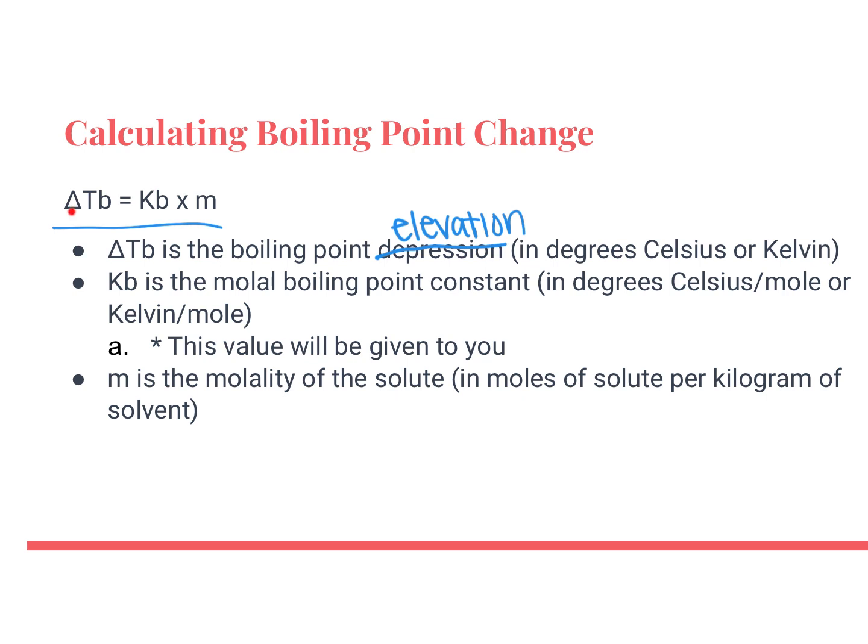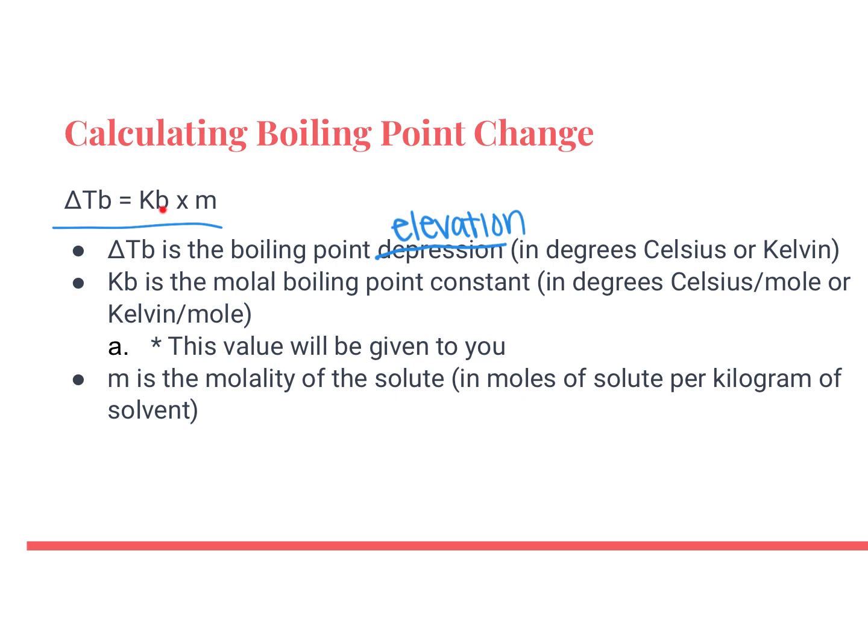When you look at an equation, what does this triangle symbol usually mean? Change. The T is temperature and the B is boiling point, so it's how much that boiling point changes. Another way we can word it is boiling point elevation. Kb is the molal boiling point constant.